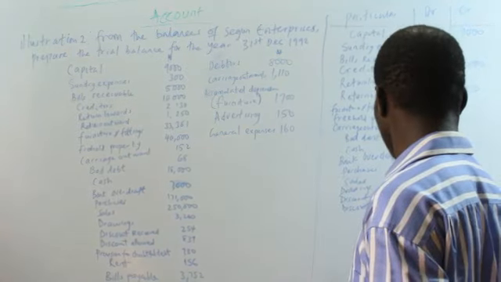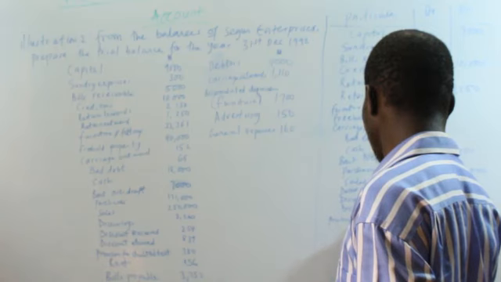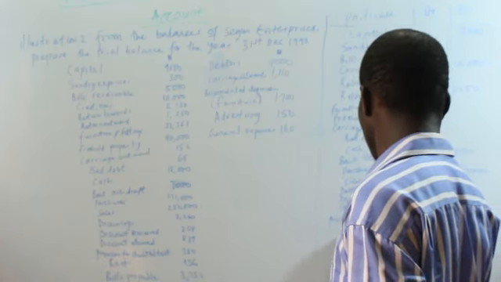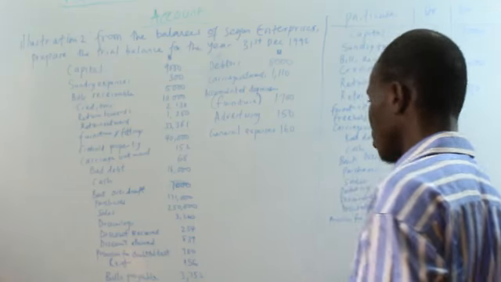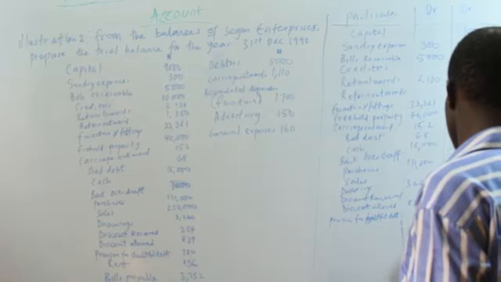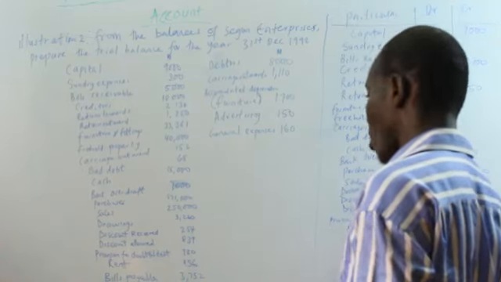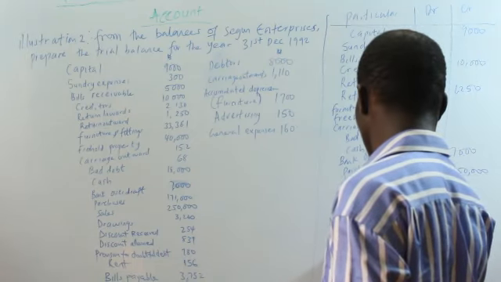Then we have provision for bad debts, for doubtful debts, still the same thing. So that will be on the credit side. So we have 730. So we have rent, an expense account. That will be on the debit side. So we have bills payable.